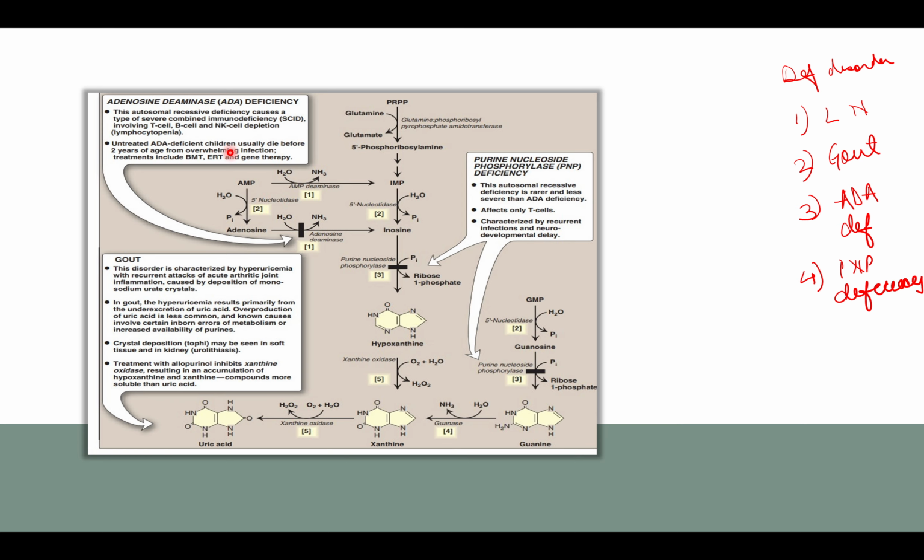Untreated ADA deficient children usually die within 2 years of age from overwhelming infection, and the treatment modalities present are bone marrow transplantation and gene therapy for ADA deficiency children. Now we'll talk about PNP deficiency, which is also autosomal recessive, and it is a very rare disorder which affects only T cell, and it is characterized by recurrent infection and neurodevelopmental delay.